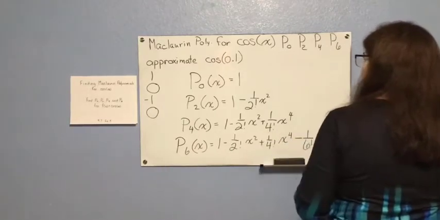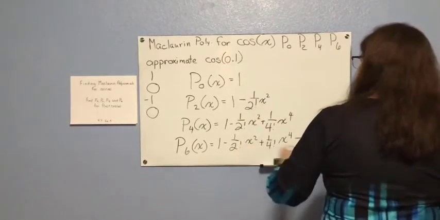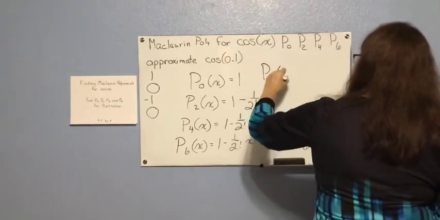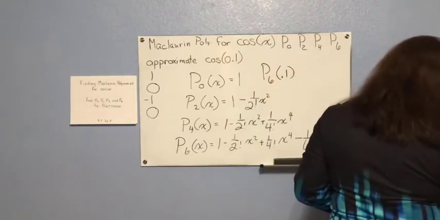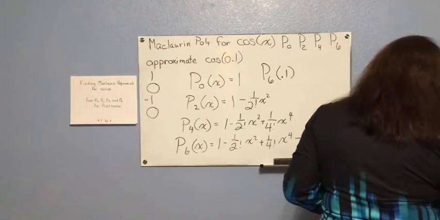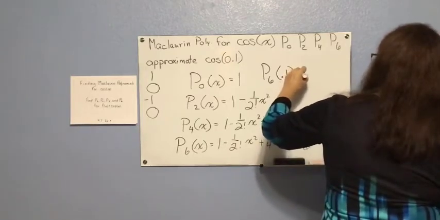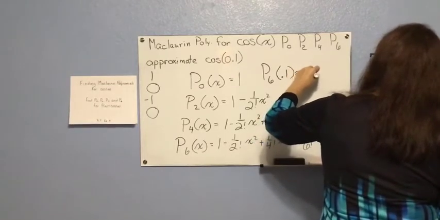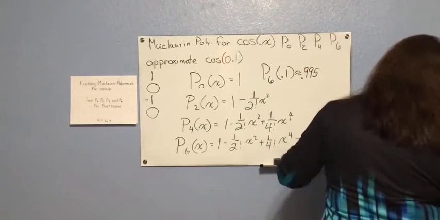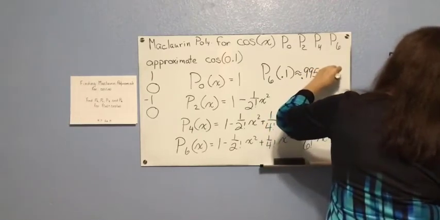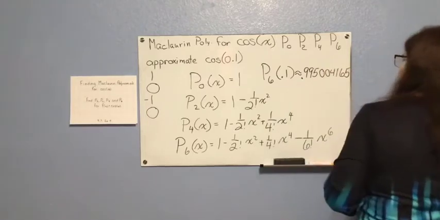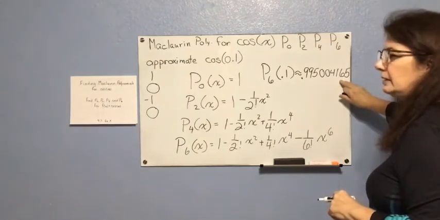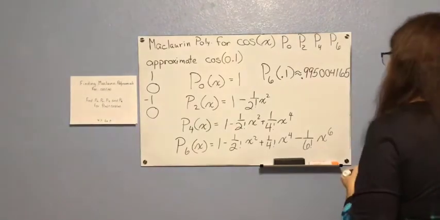If I substitute my value 0.1 into this polynomial, it's approximately equal to 0.995004165. And if you put this in your calculator, it should be the same up through these first 9 decimal places.